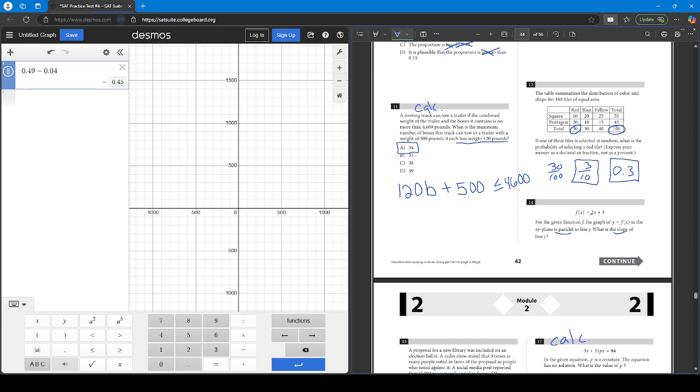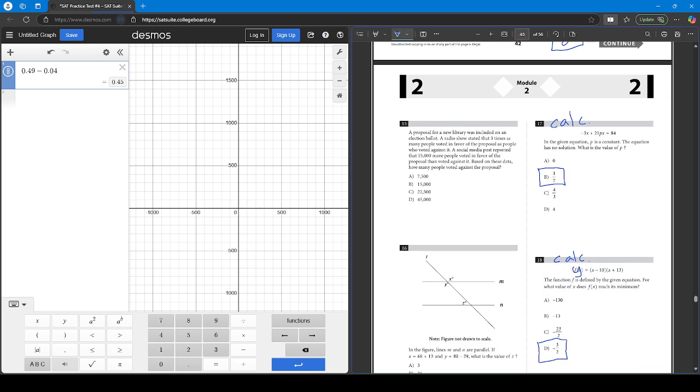So what's the slope here? Is the slope 2 or 3? The slope is 2. They're just testing that you know that parallel lines have the same slope, and that from a linear equation in y equals mx plus b form, slope intercept form, you can identify the slope.